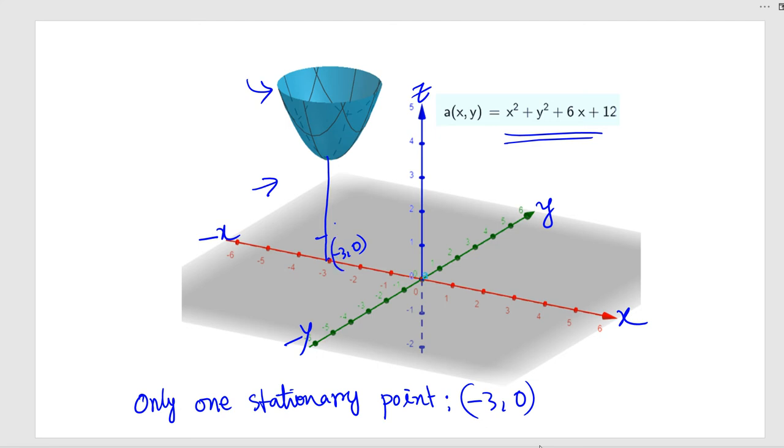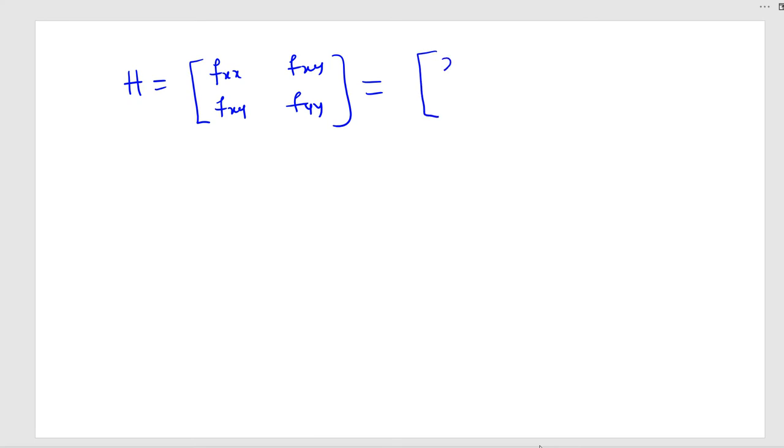Now we have to find out whether it is maximum or minimum. For that, let us try to calculate the Hessian matrix: fxx, fxy, then fxy, and then fyy. What is it? fxx we have calculated, it is 2. fxy is 0, fyx is 0, and here we have again 2.